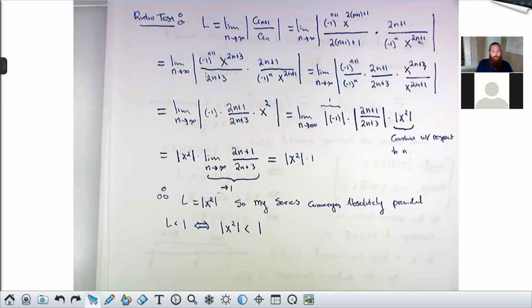I've got a 2n plus 1 upstairs and a 2n plus 3 downstairs, so I put those together. x to the 2n plus 3 and x to the 2n plus 1, so I put those together. This guy and this guy, I just subtract the powers because I'm dividing. n plus 1 minus n is just 1, so this is (-1) to the first power. 2n plus 3 minus (2n plus 1) is 2, so this is just x squared, and this guy stayed the same.